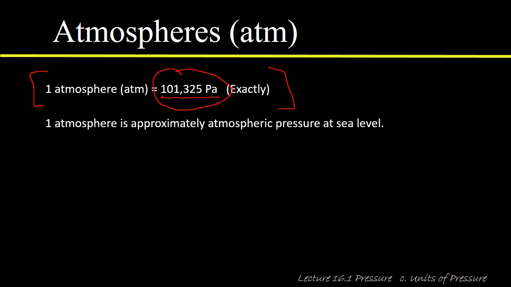It varies a little bit by maybe a percent or so. Probably less than a percent, a fraction of a percent, depending on weather conditions. But it stays pretty much around 1 atmosphere. If you're in a city with a higher altitude, then it can be a little bit less than 1 atmosphere.